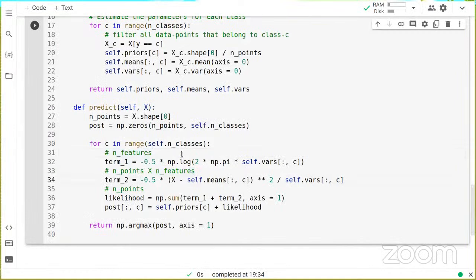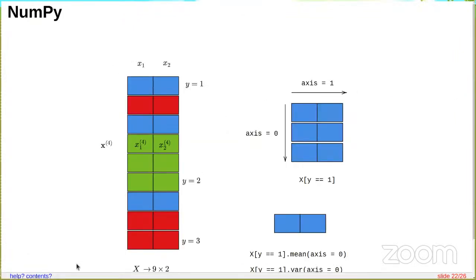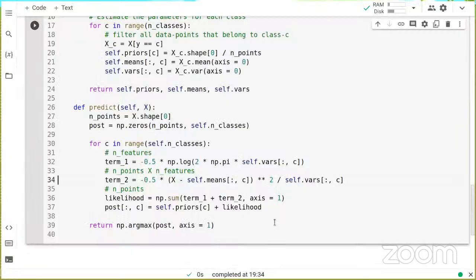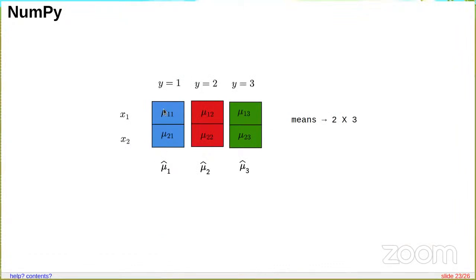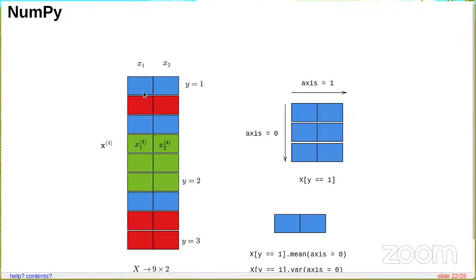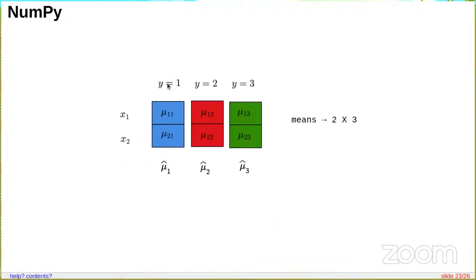Maybe this part. What we are doing is we are taking x and then subtracting one column of the mean matrix from every single row of the X matrix. We are not transposing, because here transpose is not necessary.